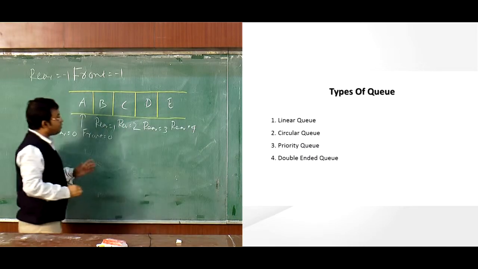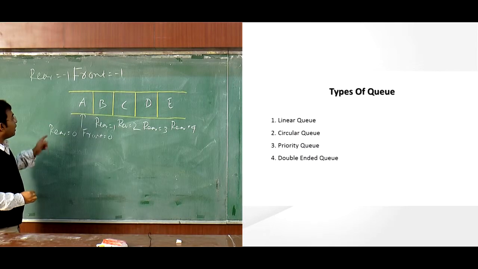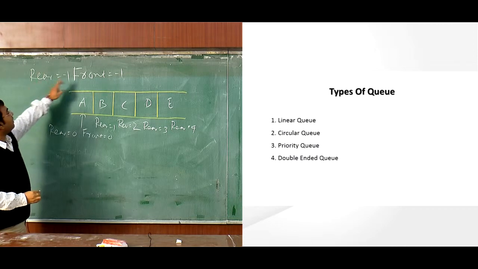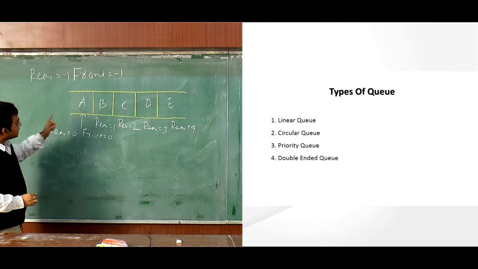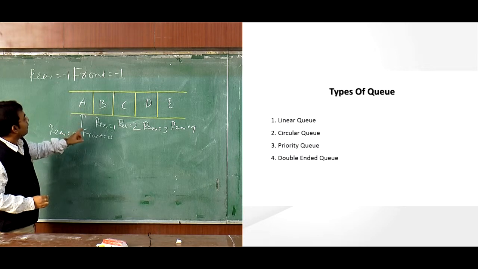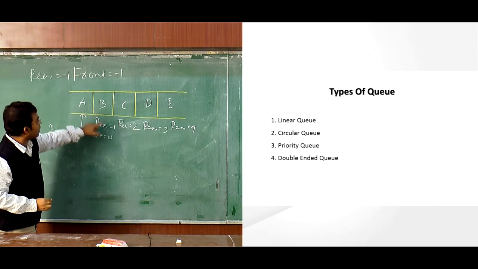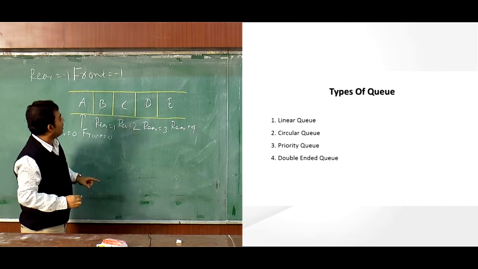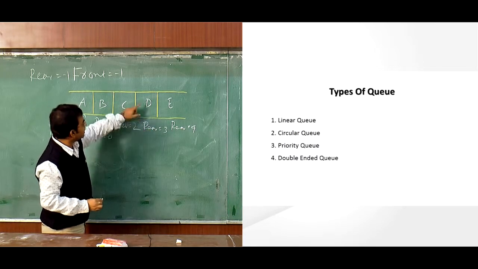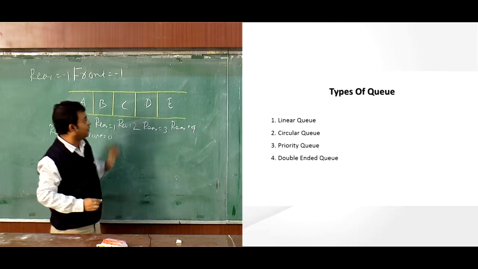The observation we make is that when you insert the first element, front and rear must both be incremented to 0, then insert. From the next element onwards, first increment the rear value to 1, then insert, rear value to 2, then insert, rear value to 3, insert, and rear value to 4, insert.